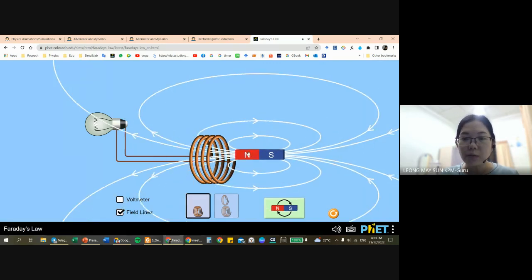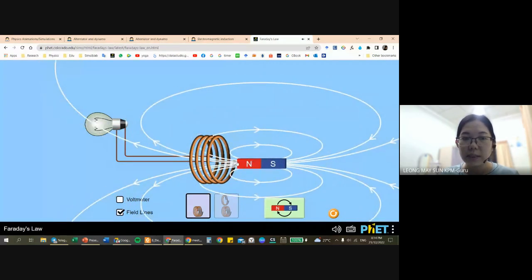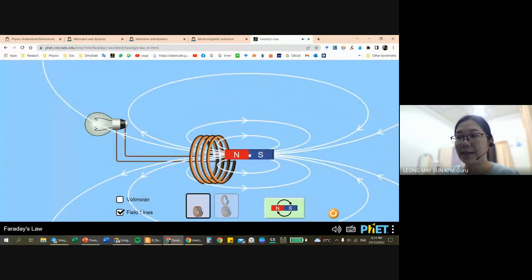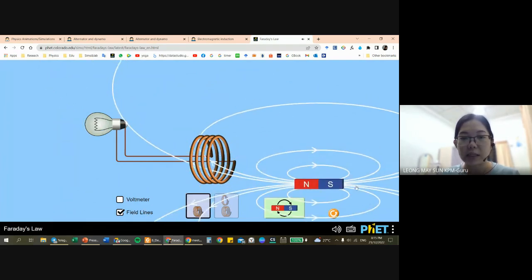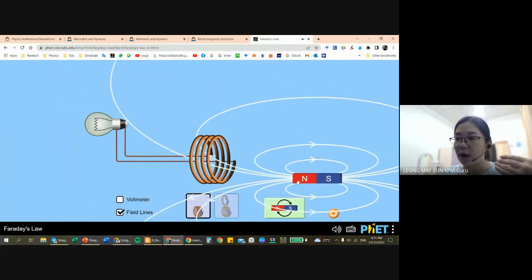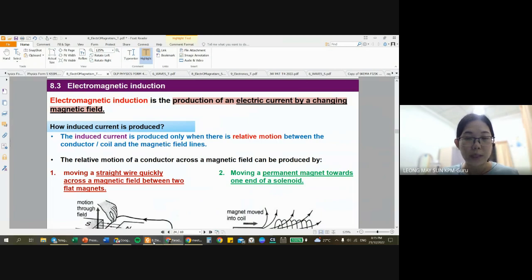But if I move this here, you would see that the light bulb keeps on lighting up. The main reason is that there are more magnetic field lines here. The conductor cuts the magnetic field lines even more compared to the initial position. So if it cuts more magnetic field lines, it will produce more induced current. I hope that clarifies.